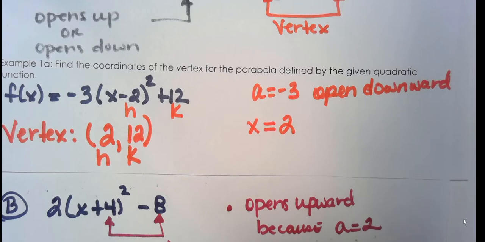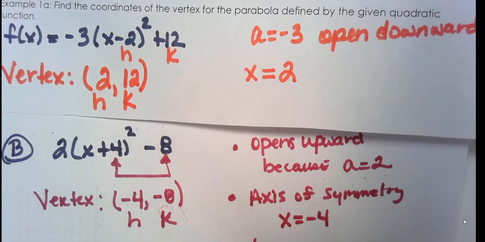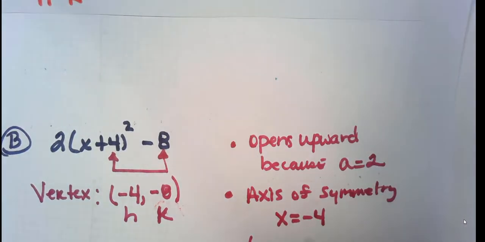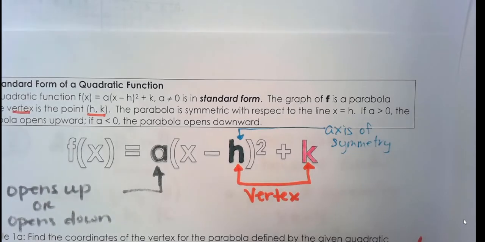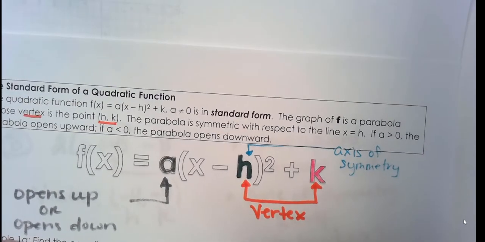Now remember, our axis of symmetry is a vertical line that we're going to create. So that's all we need to know for this example. Here again, this is the standard form of a quadratic function: f of x is equal to a times the quantity of x minus h squared plus k.